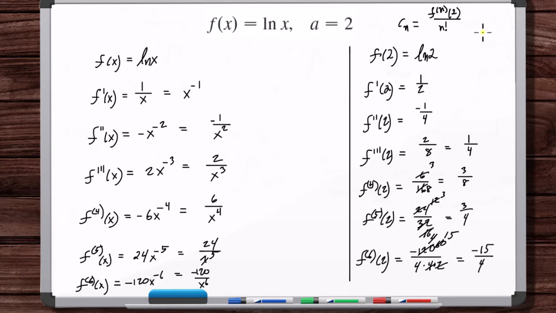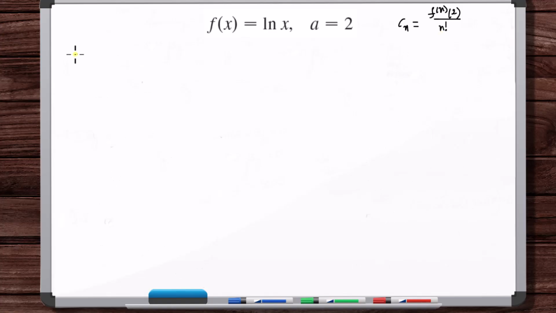But now, since we don't see an obvious pattern, we could potentially work on it and try to figure out the pattern. But since we don't see an obvious one, what we're going to do is go ahead and divide each of these by n factorial and see if that reveals a more obvious pattern.